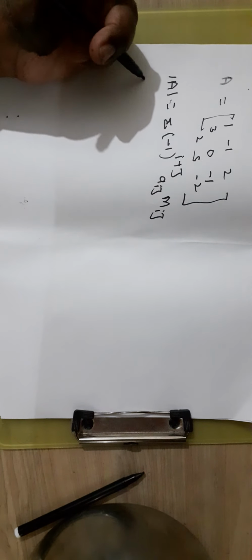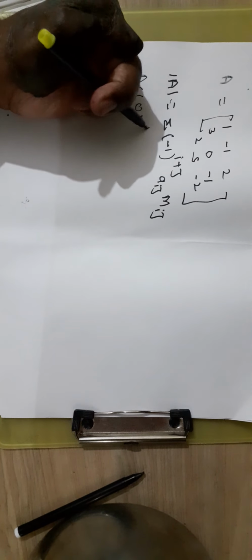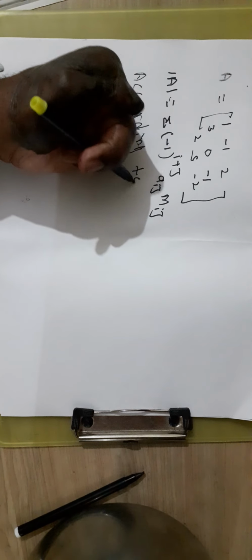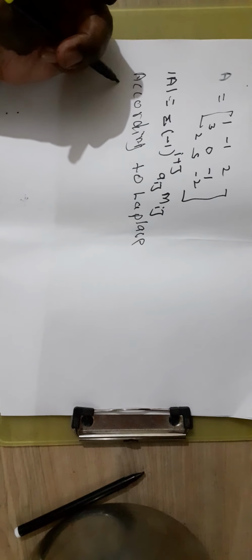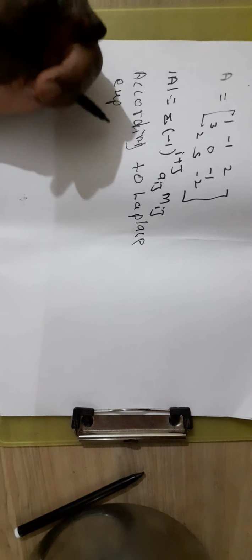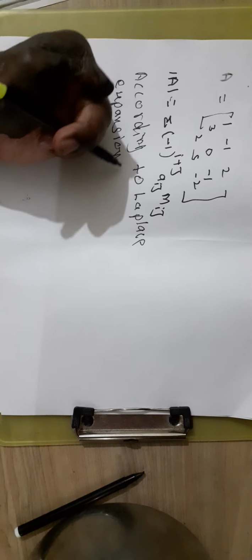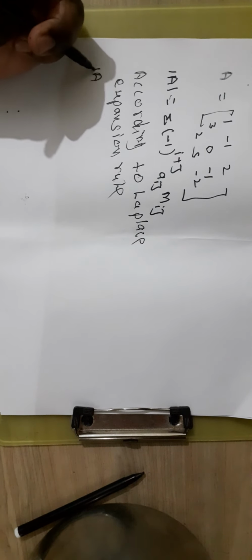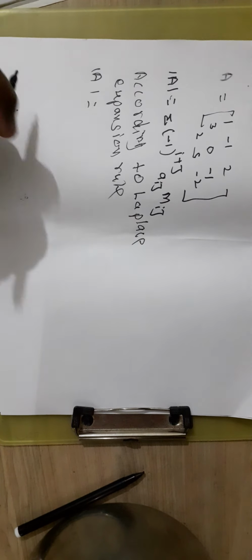According to the Laplace expansion rule, the determinant of A is equal to, here let us expand this determinant using the second row.